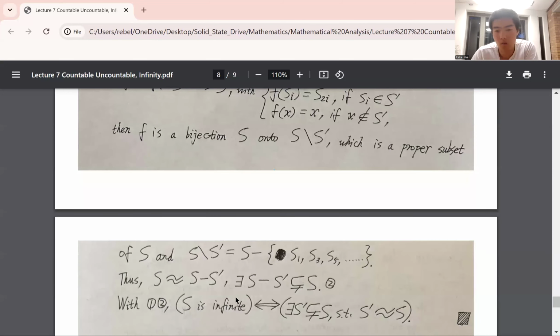So there exists a proper subset of S, and their cardinality is the same. That proves the second direction.